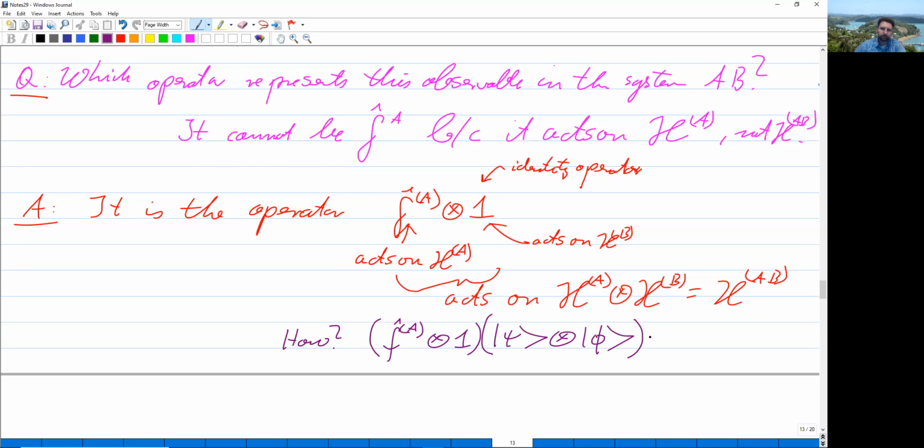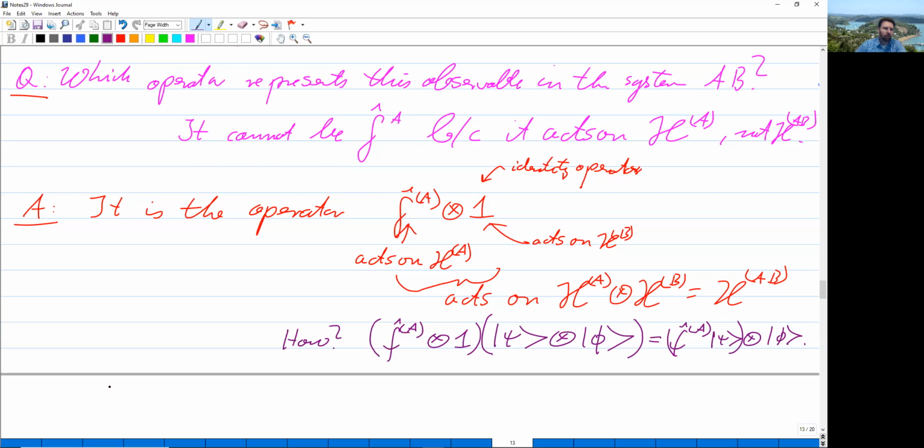In what way? Well, this operator acts on this vector, so we have f hat A acting on psi, tensor, this acting on that, so we have here just phi.